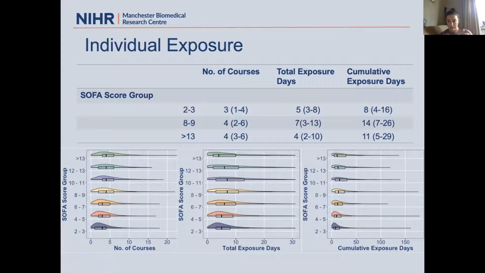There's a slightly strange pattern in the exposure days, in that it peaks in the middle SOFA group, with the patients in the highest SOFA group only receiving an average of 4 days' worth of antibiotics. But again, similar to age, this could be because they're at a higher risk of death. So they die before they receive more antimicrobials, if that makes sense.